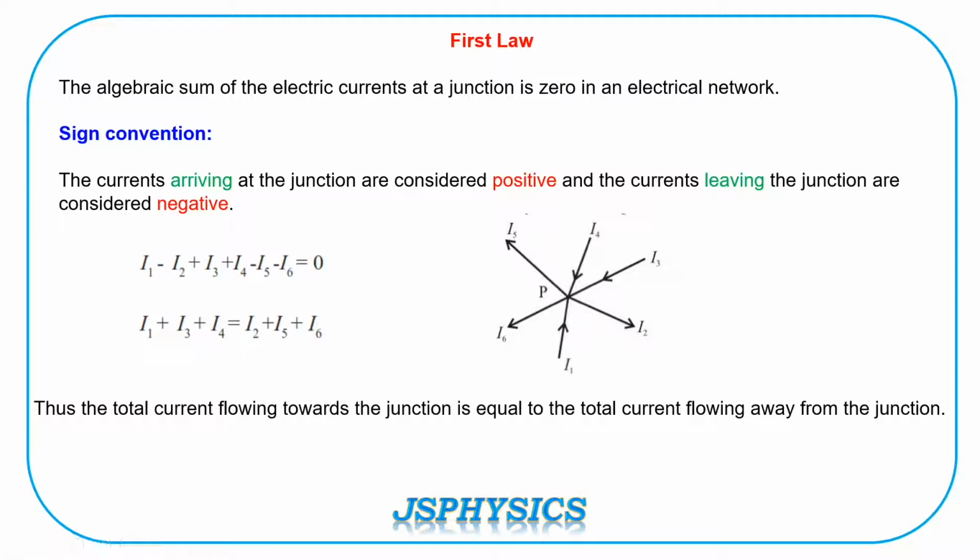That means there is no accumulation of charge at an electrical junction. Whatever charge comes, it has to go. And that's why this law is in accordance with the law of conservation of charge. So that is what we have to learn about Kirchhoff's first law.